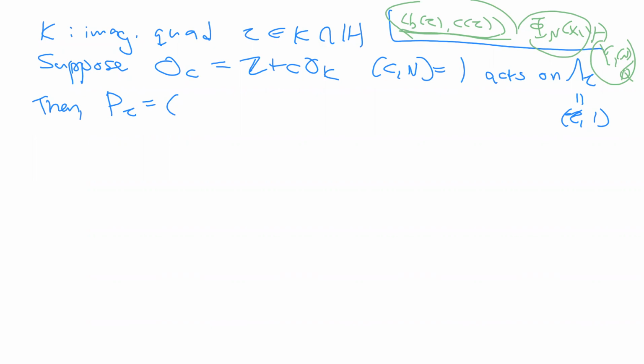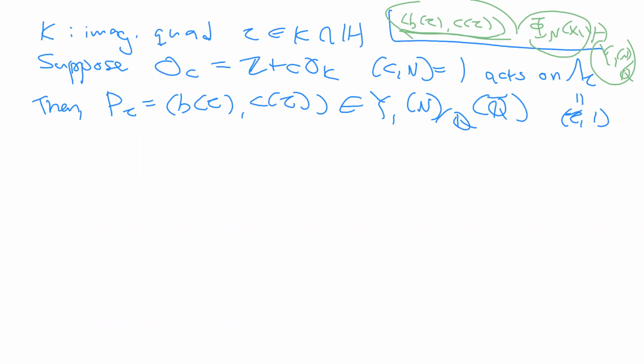That's the key to our work. So let's say P of tau is a point given by (B(tau), C(tau)). That's some point. We roughly know it has algebraic coordinates, but we don't know its field of definition yet.